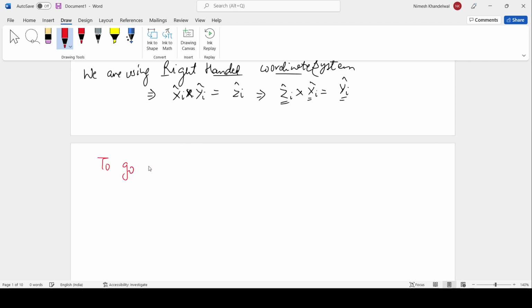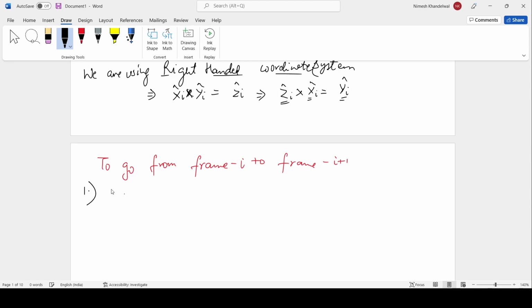To go from frame I to frame I plus 1, what are the set of transformations that we need to do?